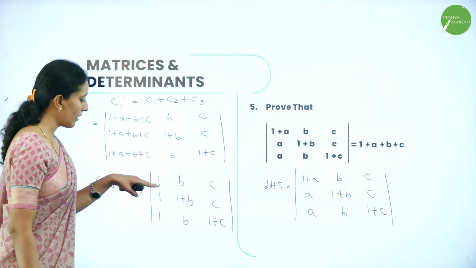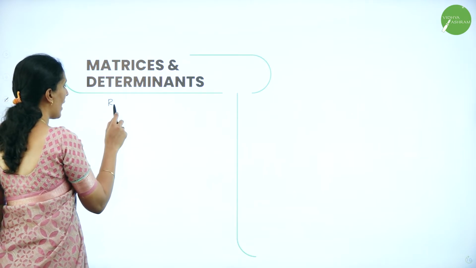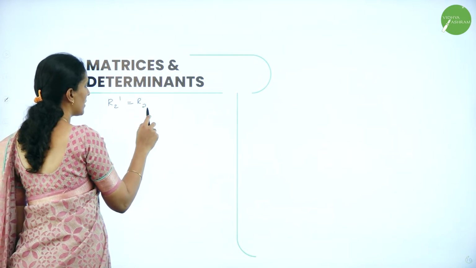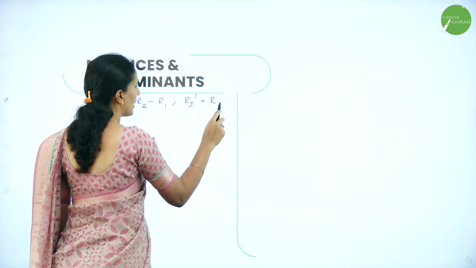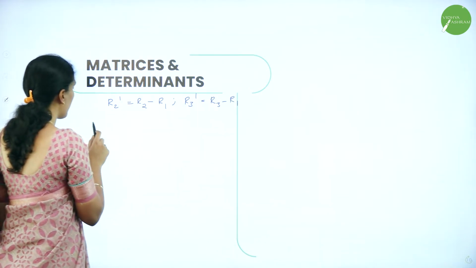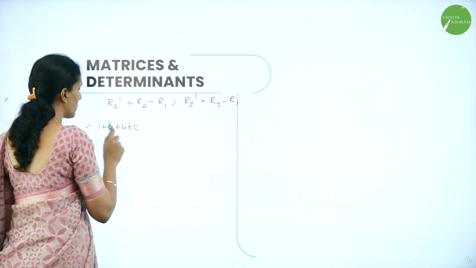Next, I will subtract row-wise. So let me take R2 dash is equal to R2 minus R1 and R3 dash is equal to R3 minus R1. Then what happens to the determinant? We have 1 plus A plus B plus C outside.